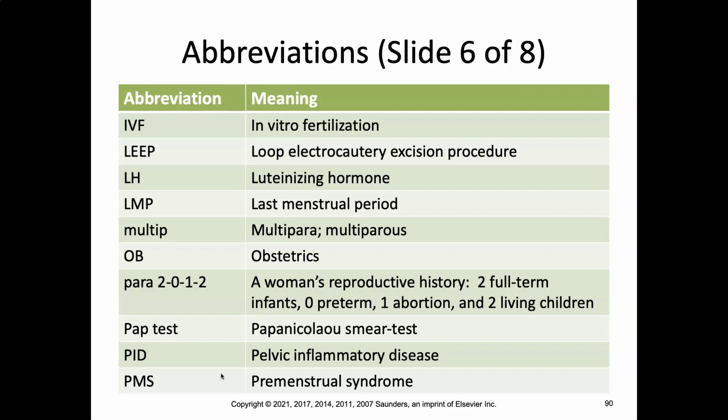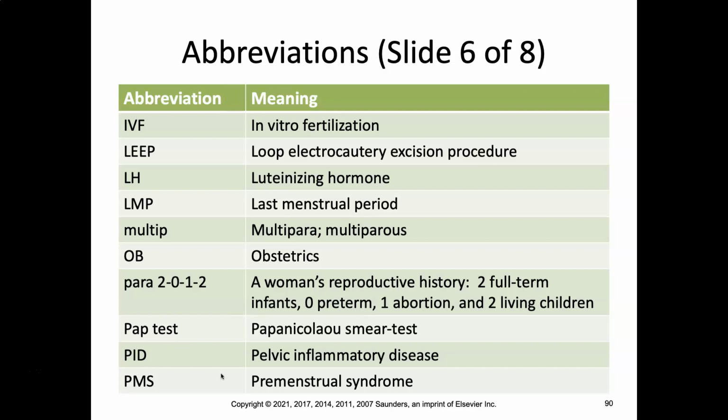I didn't talk about para, and then it's followed by 4 numbers. Para has to do with a woman's reproductive history. The first number is how many full-term babies did she have. The next one is how many preterm babies, and how many abortions, and how many living children. And this is just a way of keeping track and understanding what someone's history is.